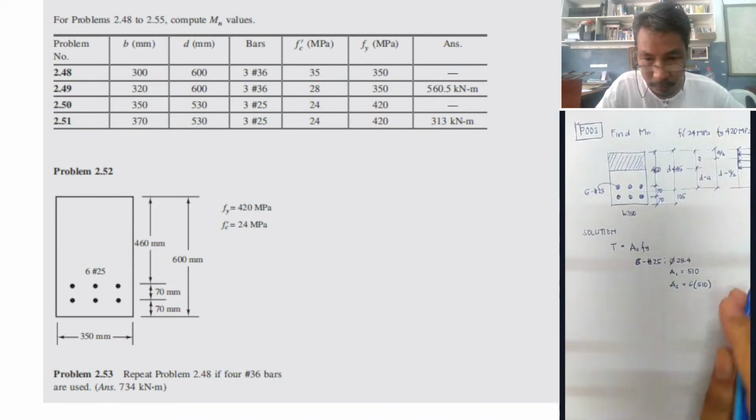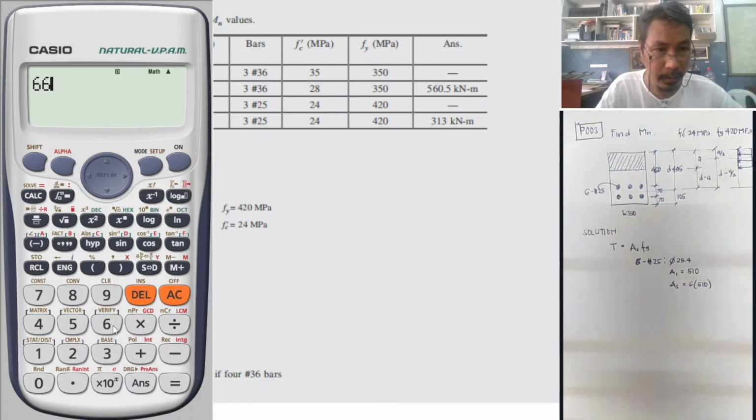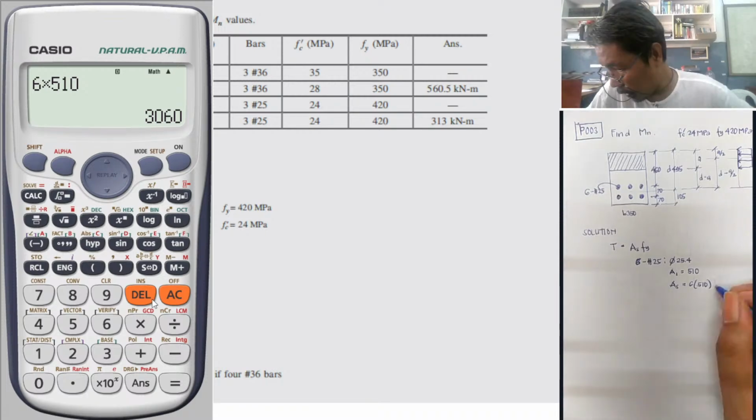So let's use our calculator again. 6 times 510, that is 3060.